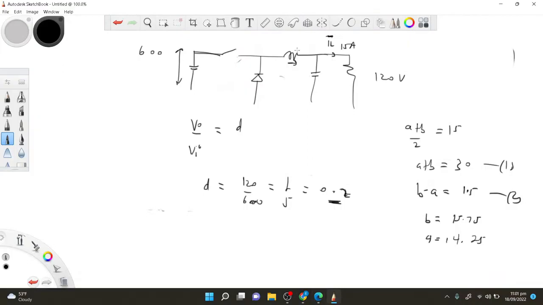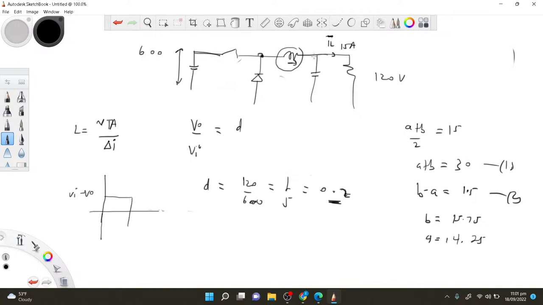So L is equal to voltage time area over delta I, right? I can find my voltage time area. For the inductor, during the on state, the voltage across it is VI minus V out.